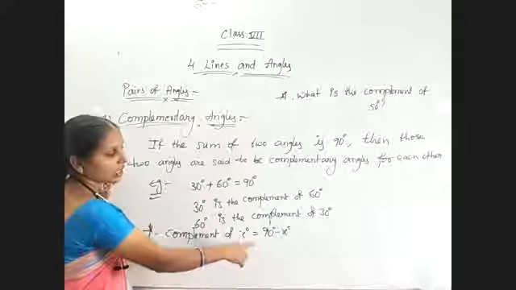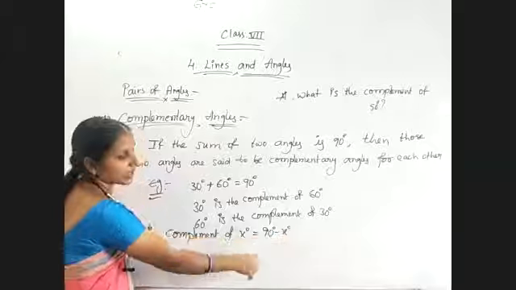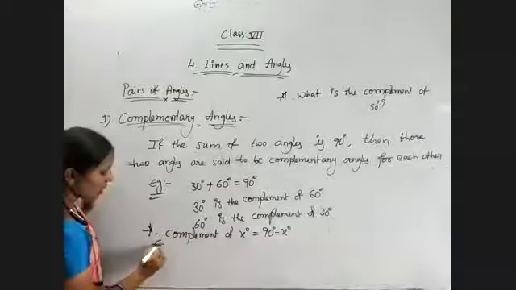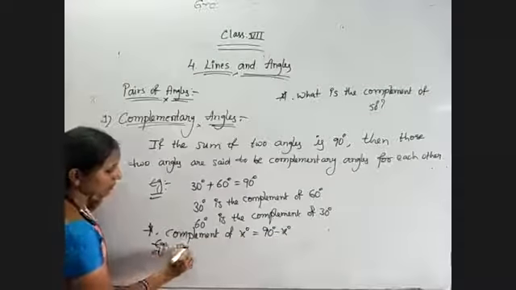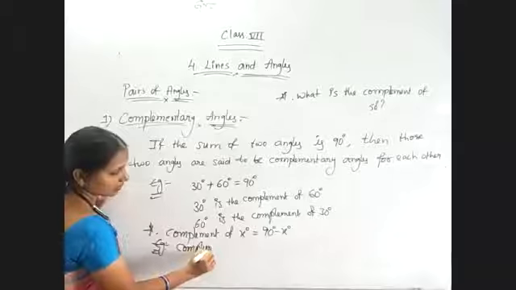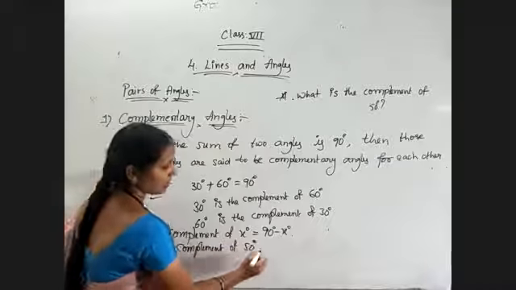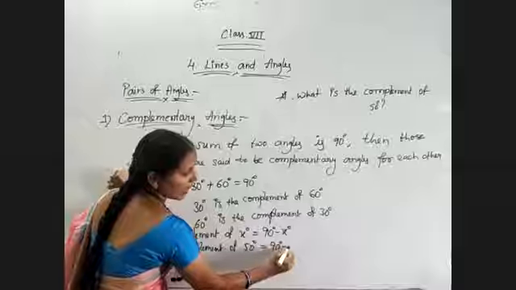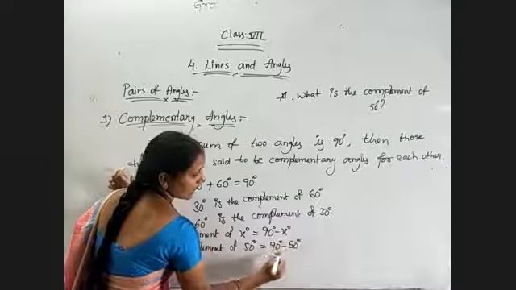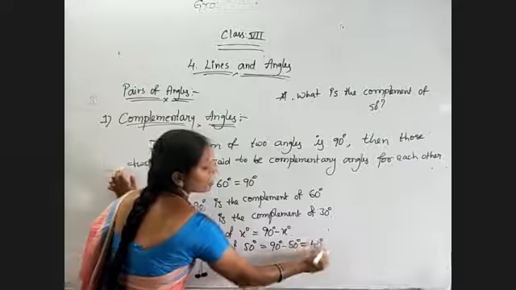The complement of 50 is equal to 90 minus 50, that is 40. For example, the complement of 50 degrees is equal to 90 minus 50 degrees, which is nothing but 40 degrees. Okay.